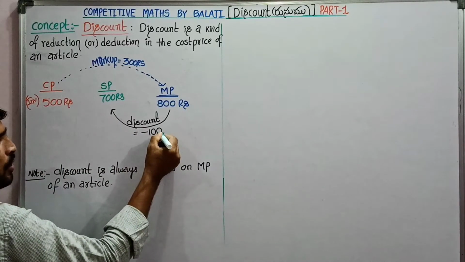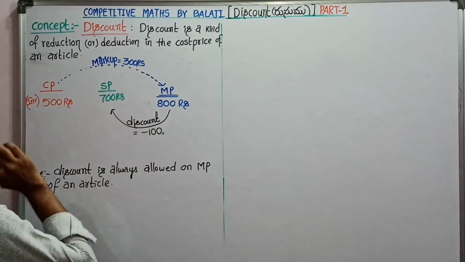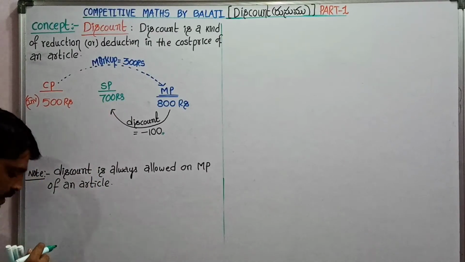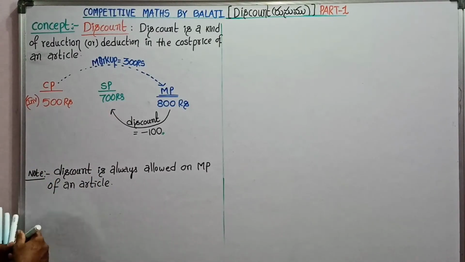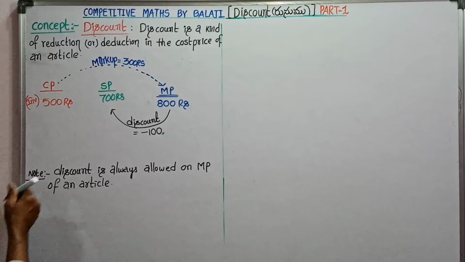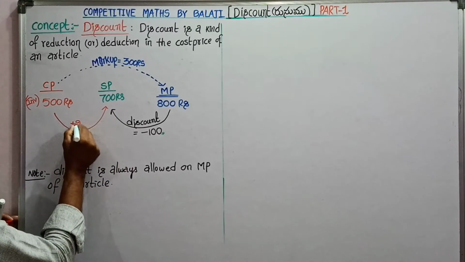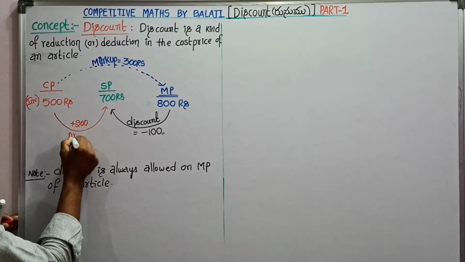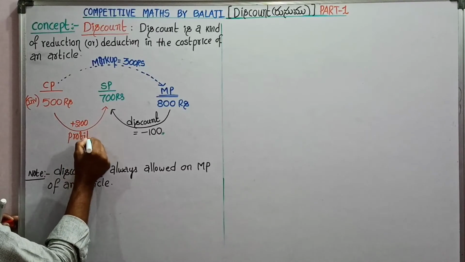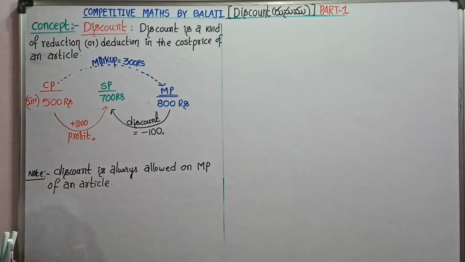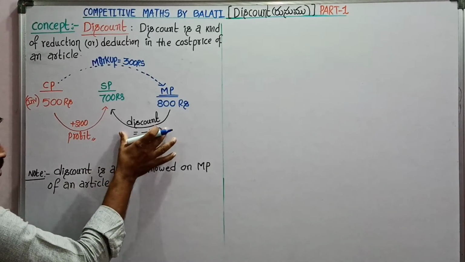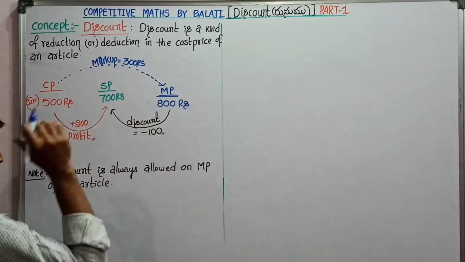Suppose the shopkeeper gives 100 rupees discount, sells the shirt for rupees 700. This is SP. So he makes 200 rupees profit.